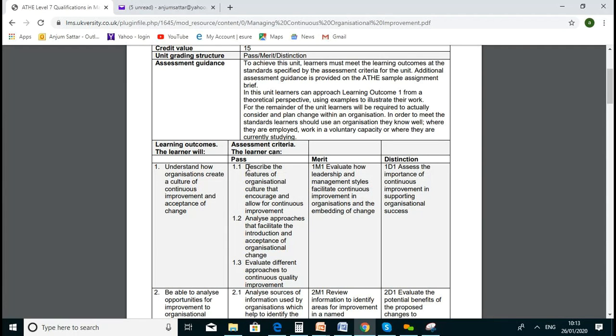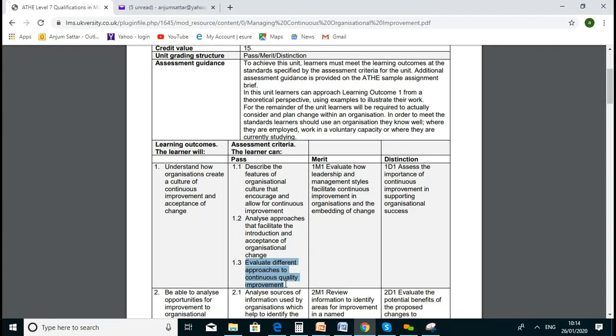We have these assessment criteria. Describe the features of an organization that encourage and allow for continuous improvement. Analyze the different approaches to change. We'll discuss different approaches for change, how we can make change, and evaluate the different approaches to continuous quality.